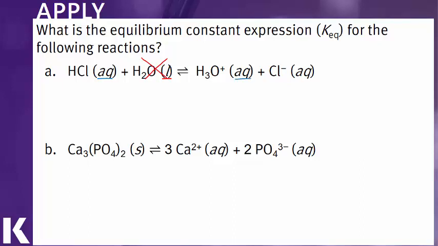We have hydronium, which is aqueous, and chloride, which is also aqueous. So as we write our equilibrium constant expression, we'll do the ratio of products. So we have H3O+, we have chloride, and we'll just be dividing this by the concentration of hydrochloric acid.